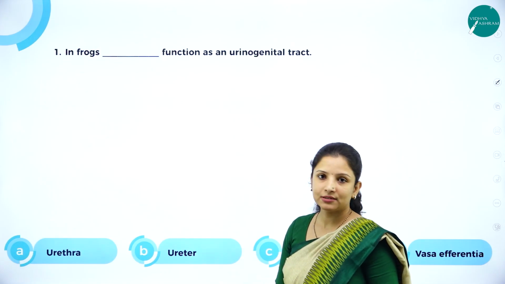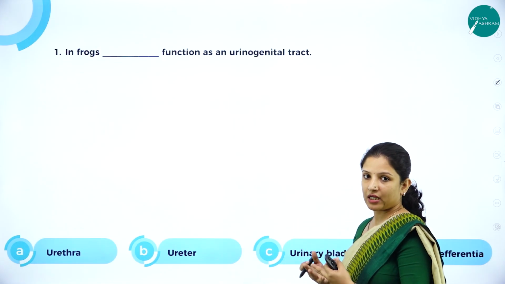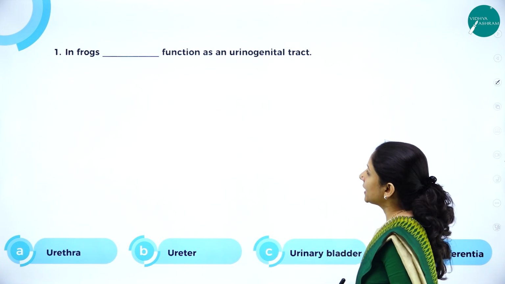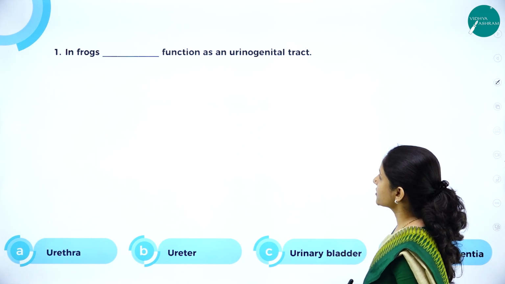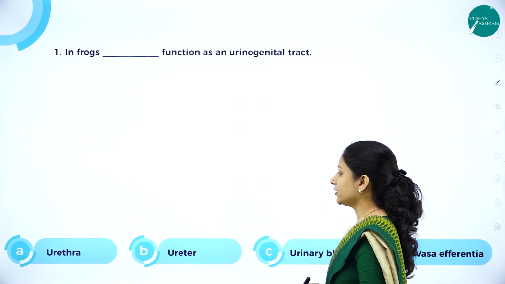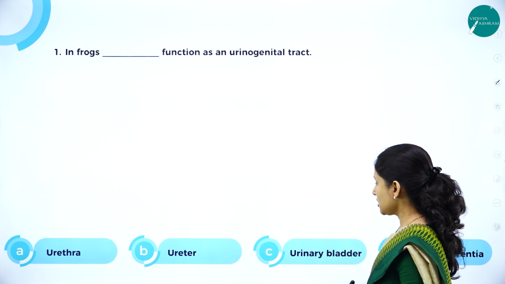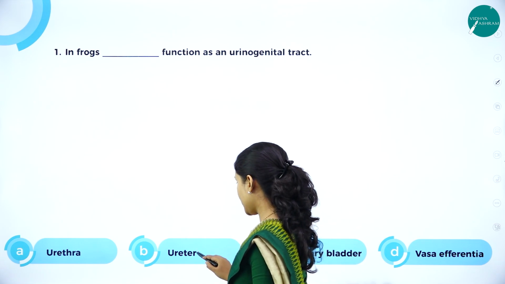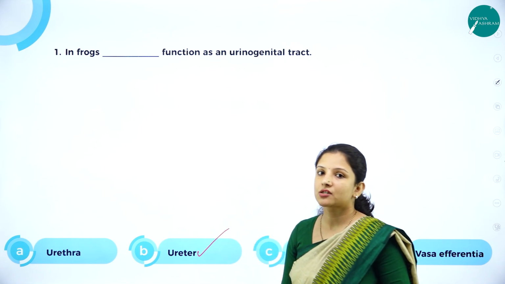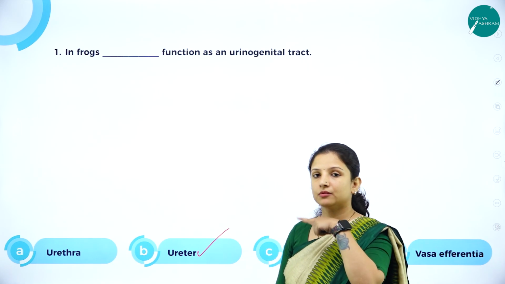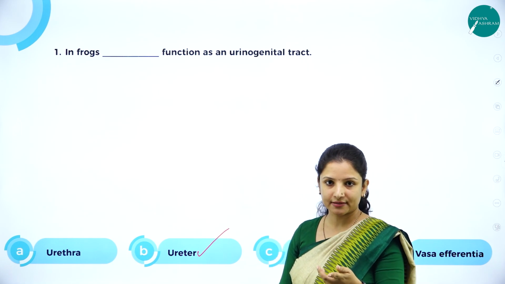So now let's learn some of the MCQs that can be framed from an exam point of view under this particular topic. The first one: in frogs, dash functions as an urinogenital tract. Is it the urethra, ureter, urinary bladder, or vasa efferentia? It is the ureter, because the ureter is connected to the kidney as well as to the testis through the Bidder's canal.